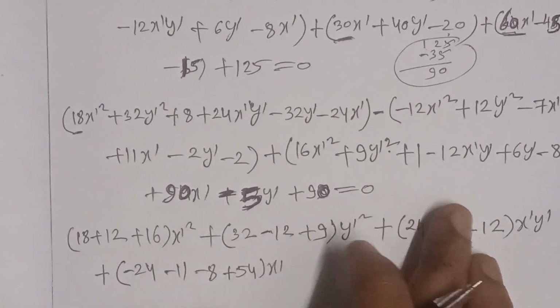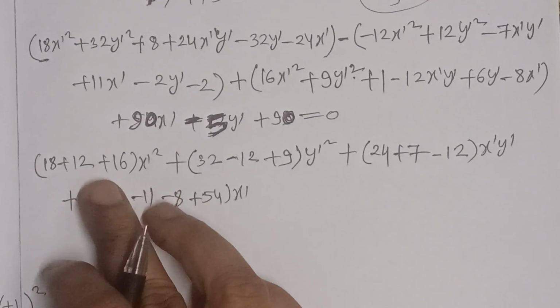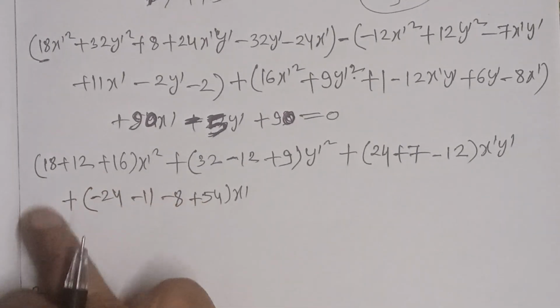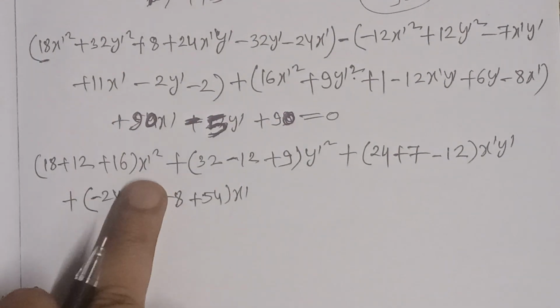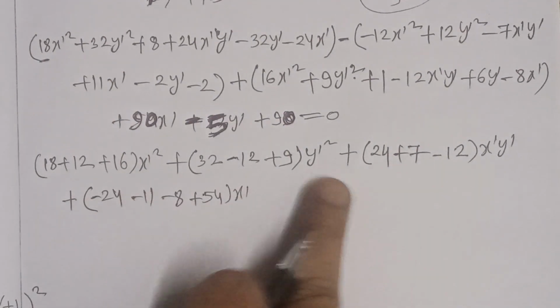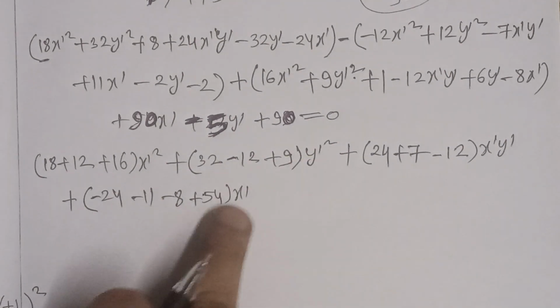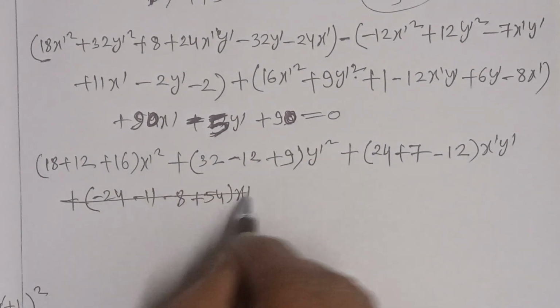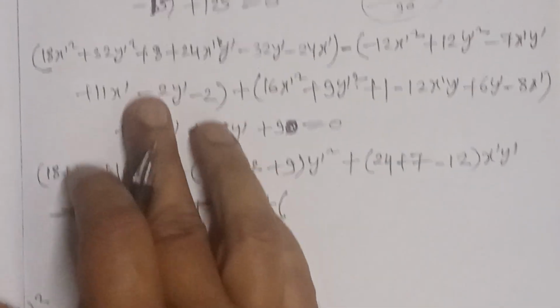All the terms are correct, so we get the right answer. There is no change in the coefficient of x dash square y dash. There is no mistake. The mistake was only in the coefficient of x. So I cancel this and write again the coefficient of x.